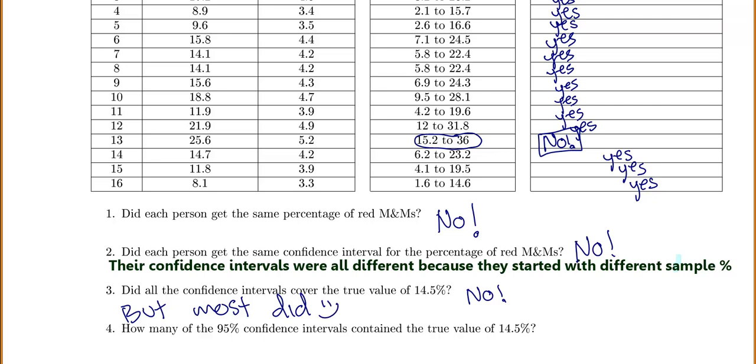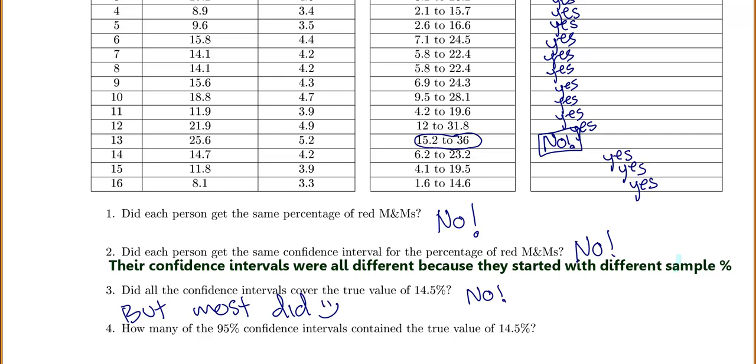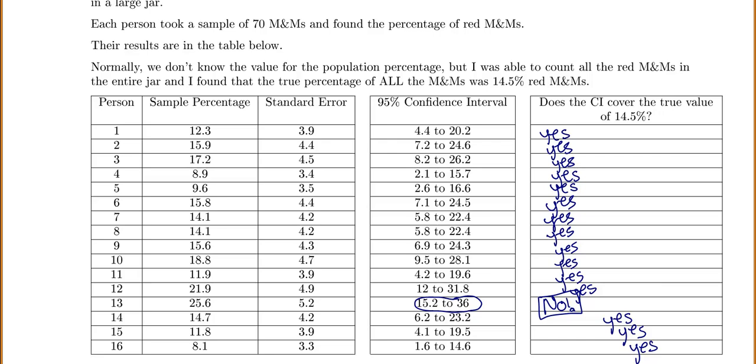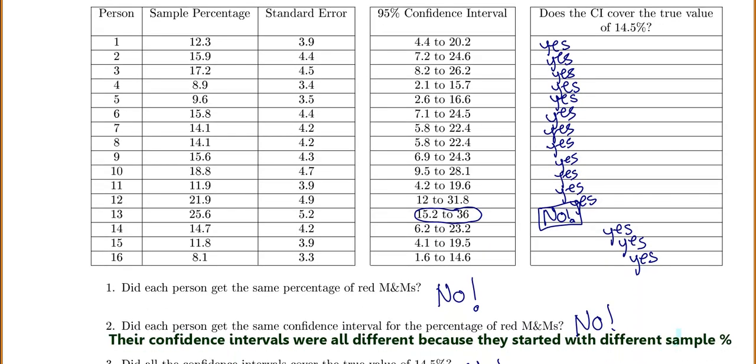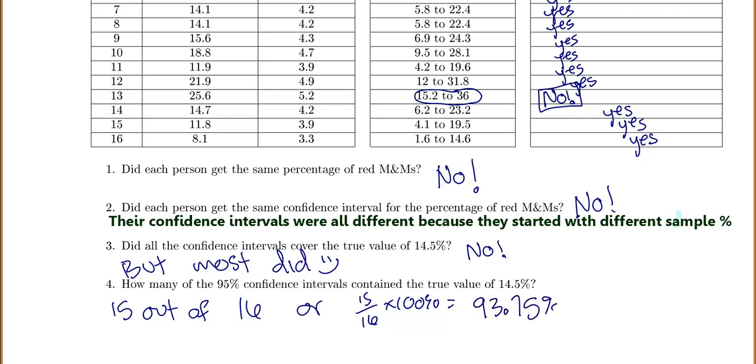So not all of them contained the true value, but most of them did, which was what we wanted. Specifically, how many of the 95% confidence intervals contained the true value of 14.5%? Well, let's go up and count. There were 16 people, and all but one contained the true value, so 15 out of 16. 15 out of 16 times 100% gives me 93.75%.